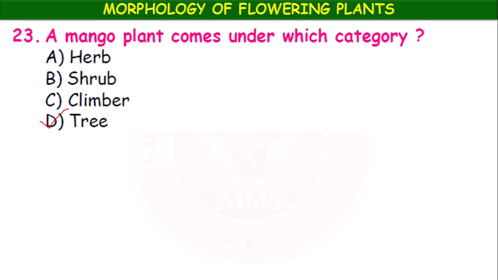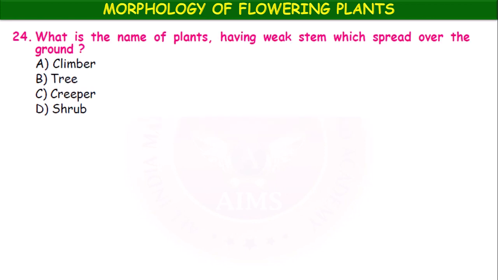Mango tree. What is the name of the plants having weak stem which is spread over the ground? Climber, tree, creeper, shrub. Two options, climber and creeper, are closely related. The plants which are spread on the ground with weak stem are called creepers. Examples: pumpkin, watermelon.